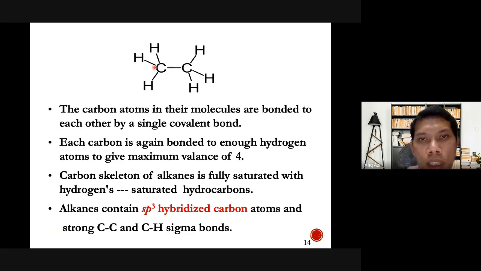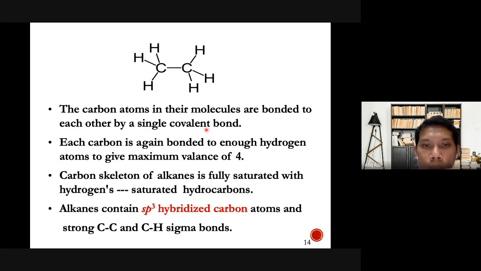So this is an example of the C2H6 just now, which is the second in the homolog series, ethane. The carbon atoms in the molecule are bonded to each other and also to 3 hydrogens through single covalent bonds.